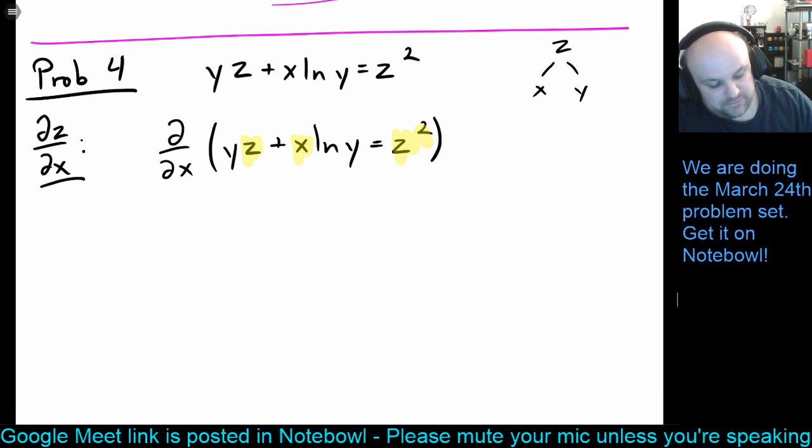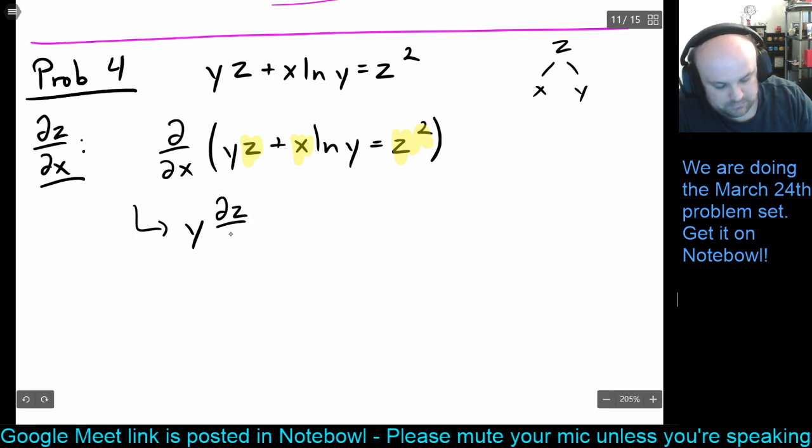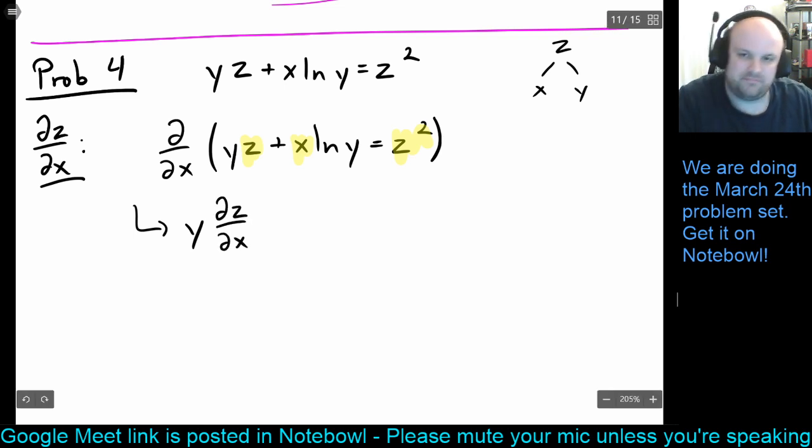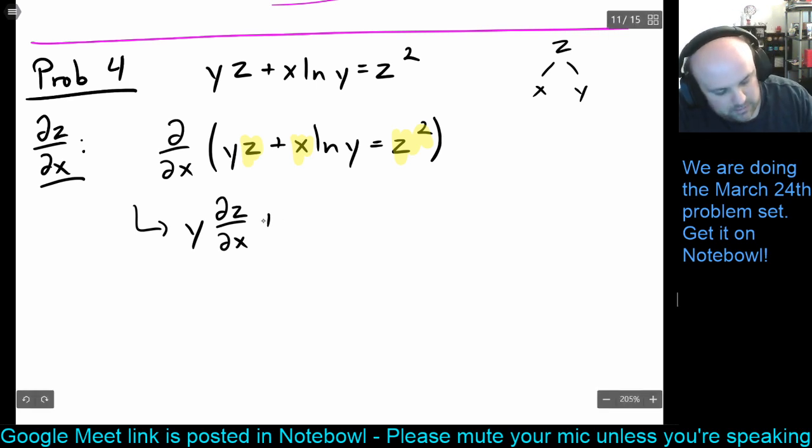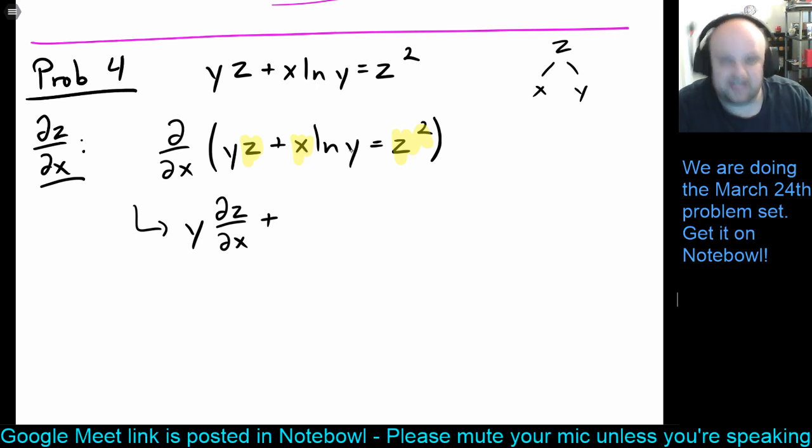So when I differentiate this, the first part, nothing happens with the y. The derivative of z with respect to x is, well, this is the best we can do: just say the derivative of z with respect to x. Plus, this part here is x times ln of y. That whole ln of y is just some constant times x.